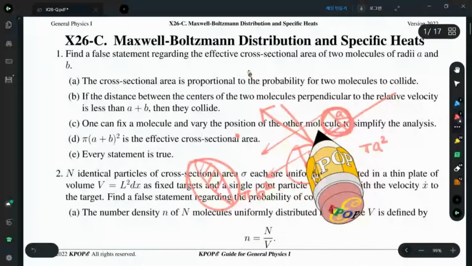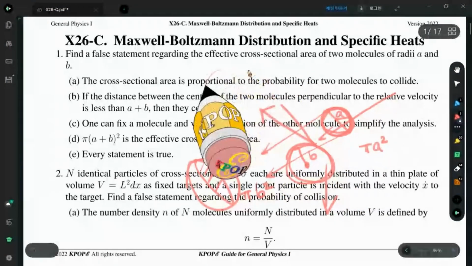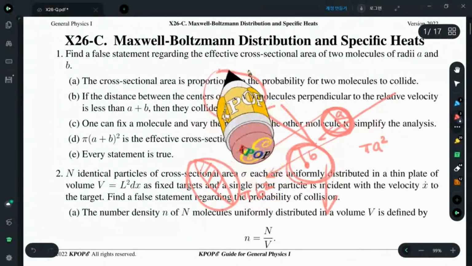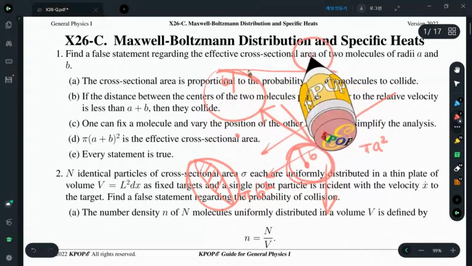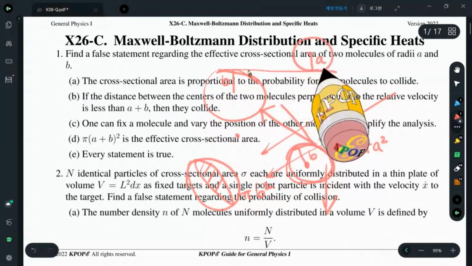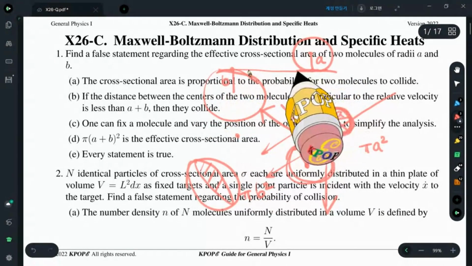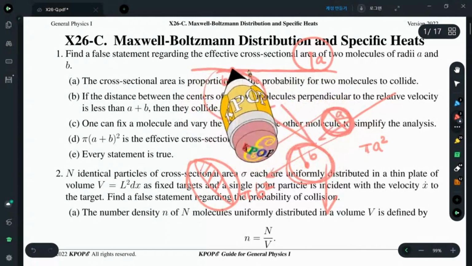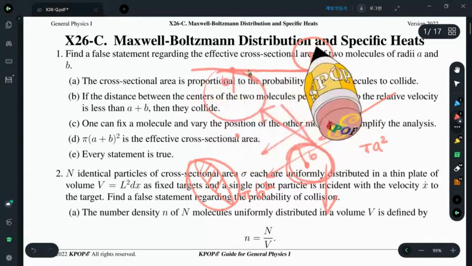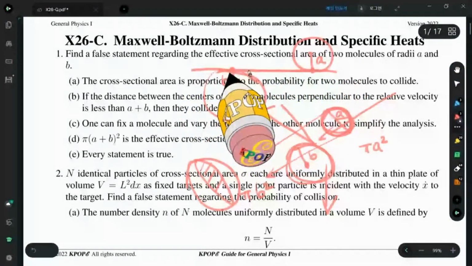When both of them have non-negligible size, in that case, let's see, this one is radius B, this one is radius A. They can barely make a collision when the straight line connecting the two tangents of this circle meet together.